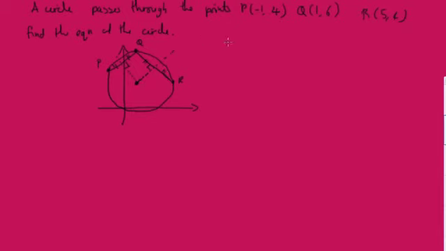So, the centre lies on the perpendicular bisector of PQ and on the perpendicular bisector of QR.